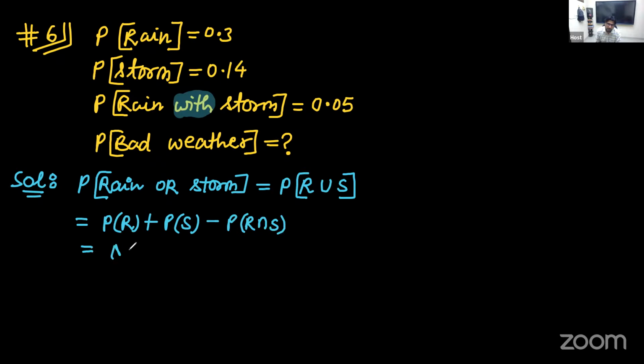So probability of raining is 0.3, probability of storming is 0.14, and probability of raining as well as storming is 0.05.